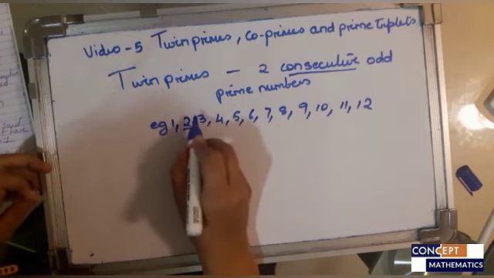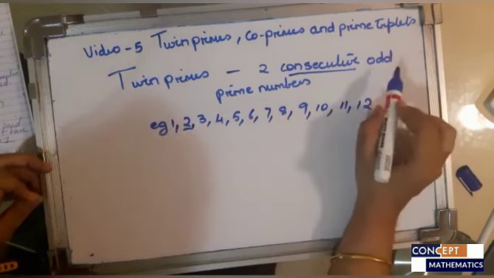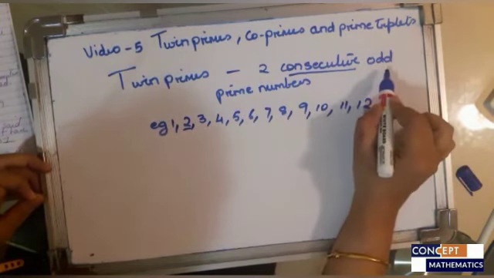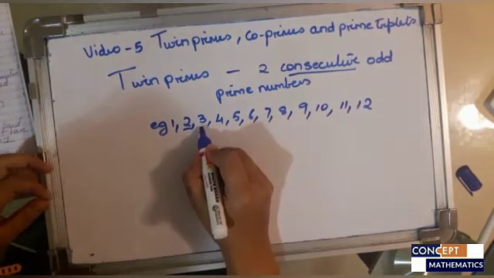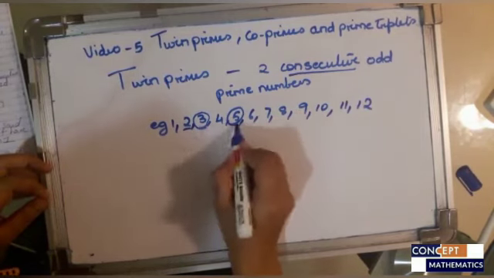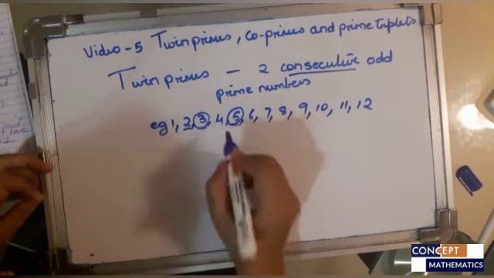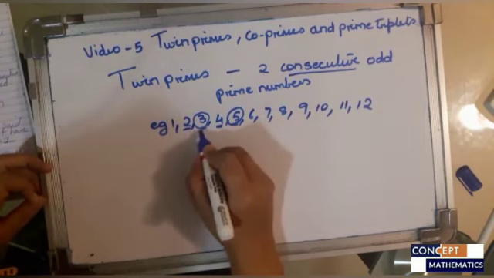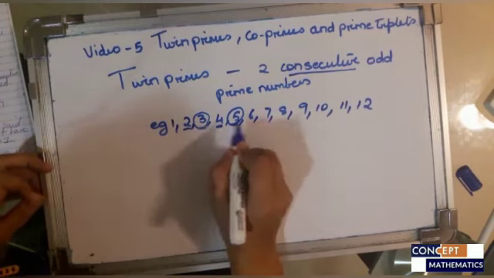So you cannot take 2 because twin primes are two consecutive odd primes. So you will take 3 and 5 because they are consecutive, one after another with a gap of one number.